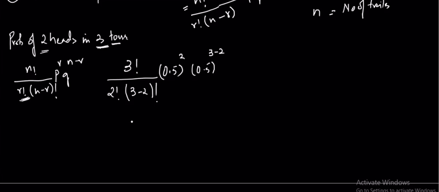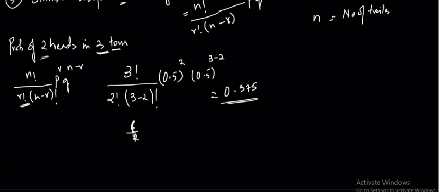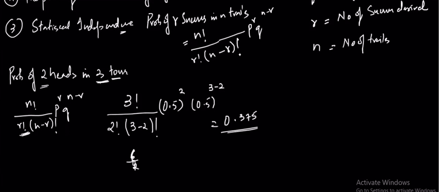Therefore I'm going to get the probability equal to 6 by 2, which is no, sorry, let me calculate it, this is going to be 0.375. So this is how we actually calculate the probability using the binomial distribution, the way we calculate the probability of a discrete random variable.